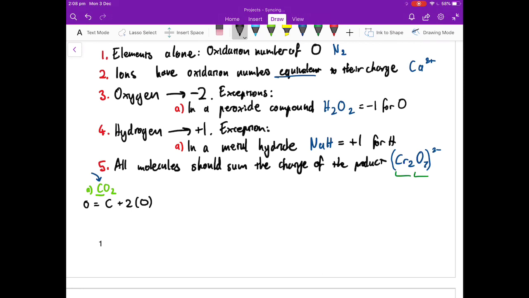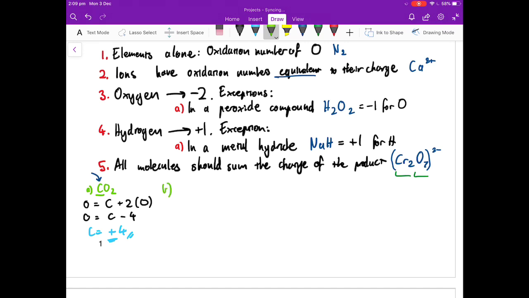It's -2. So we can say 0 equals C minus 4. So what can we conclude? Our value for the oxidation number of carbon is going to be +4. That's our oxidation number. And make sure in these cases as well to always write a charge in front of your oxidation number, regardless of whether it's positive or negative.